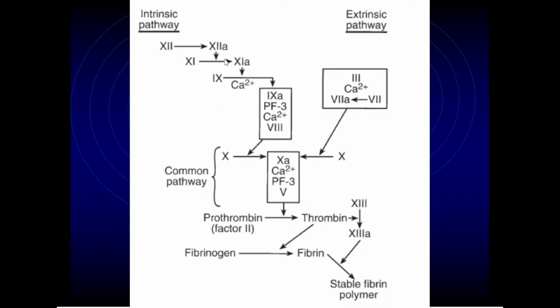So here you may see how they will interact. The extrinsic pathway is a fast mechanism, 10 to 15 seconds it takes, and the intrinsic is slow, 7 to 10 minutes.